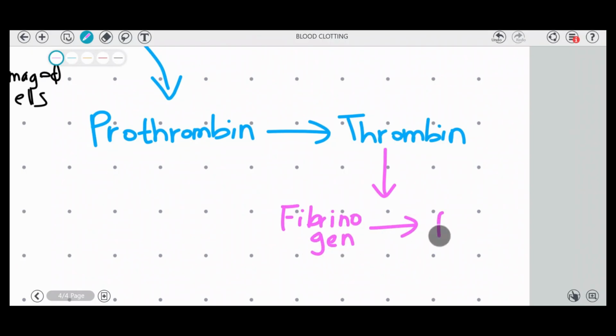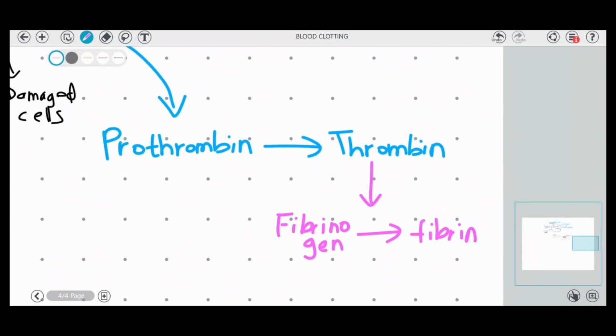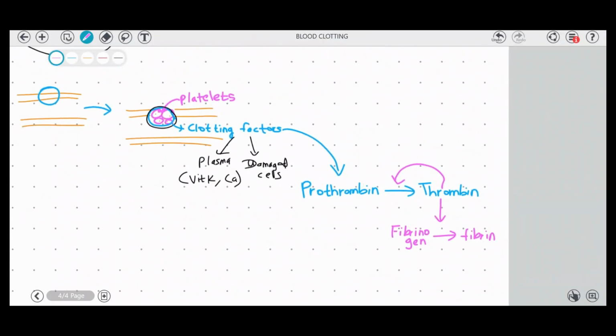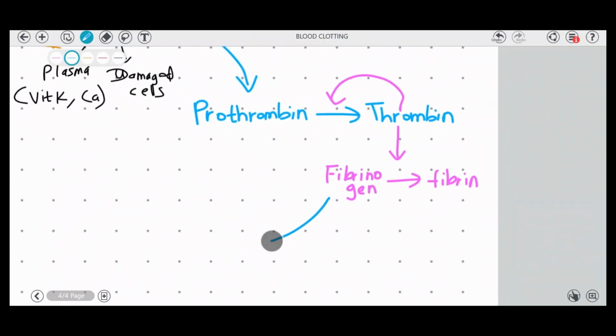Now, this thrombin can also convert more prothrombin to thrombin, just like how we learned that activated pepsin converts more pepsinogen to pepsin. That is like the final stage. And then a blood clot is formed.